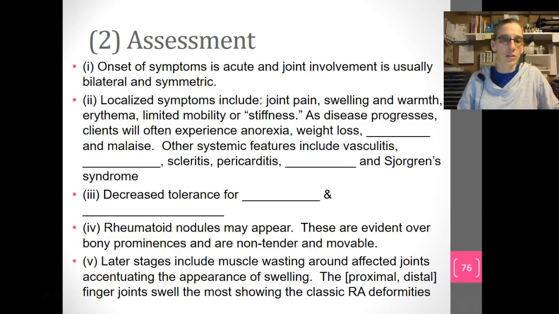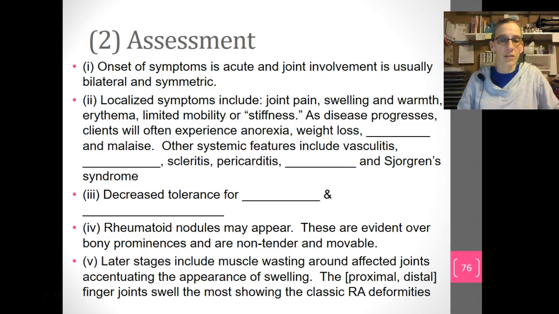Other systemic features include vasculitis, which is an inflammation or destruction of the blood vessels, neuropathy, scleritis, inflammation of the sclera, pericarditis, splenomegaly, and Sjögren's syndrome, which is when you have dry mucous membranes.